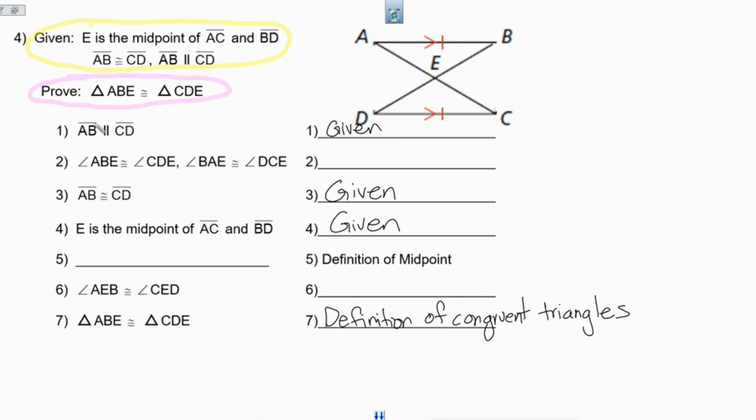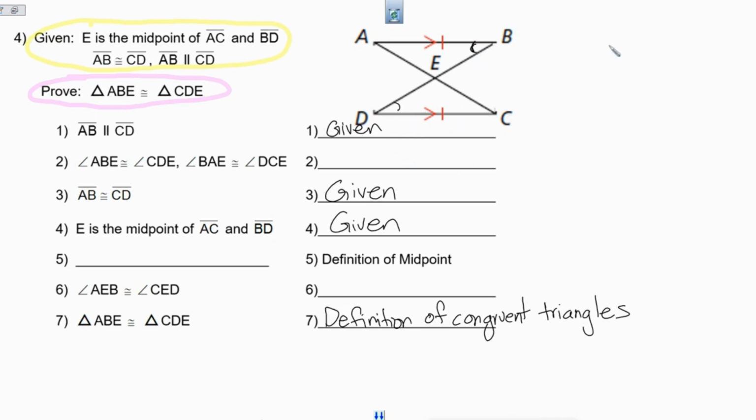Okay, so first off, we have that segment AB is parallel to segment CD. So these two segments are parallel. Now, it says that angle ABE, this angle here, is congruent with angle CDE, this angle here.